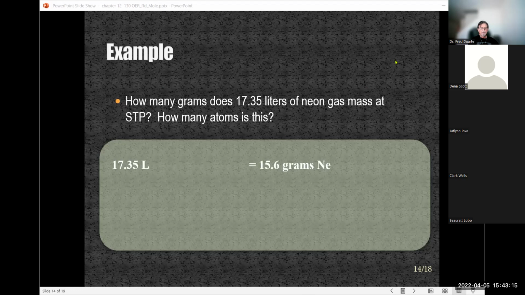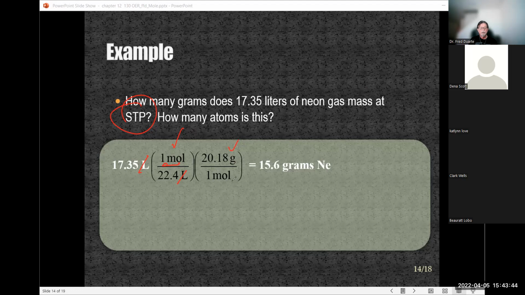So anyway, for the first part, we write down what we're given, 17.35 liters, and we need to get to grams. The answer there is 15.6, but we're trying to get to grams. My first factor, because we are at STP, will get me out of liters and into moles. My second factor is my atomic weight.